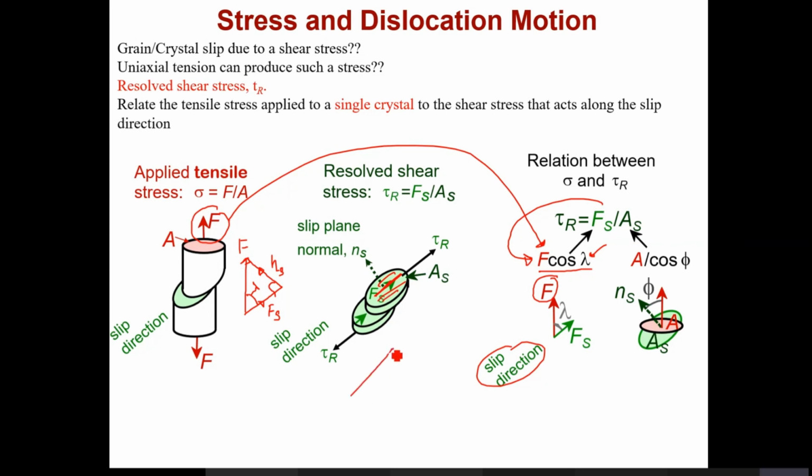If I talk about this area, this is my area AS. This is essentially the normal area. If I move A onto this side, this is again A. The angle between AS and A is phi.